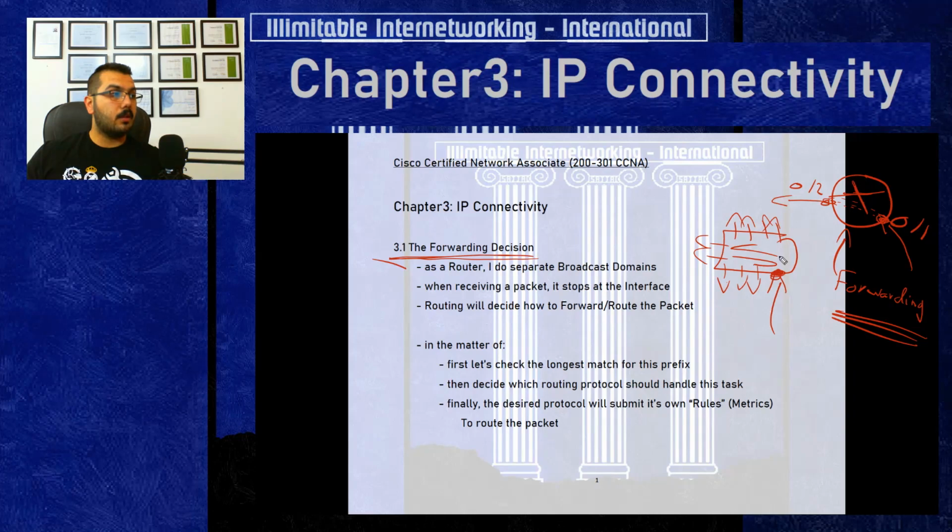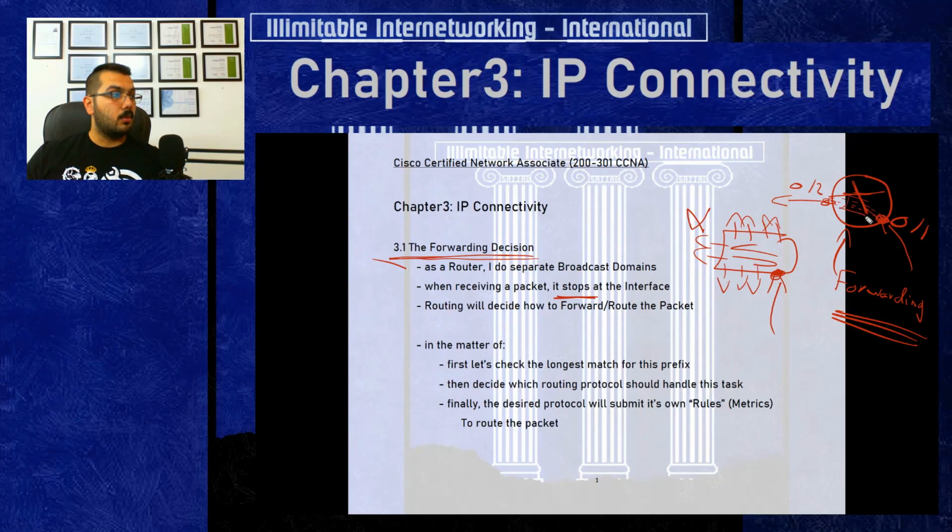So all the interfaces of the switch are up and running, all of them are forwarding messages, and this will cause a mess. But in routers, once a router receives a packet at an interface, it stops right there.